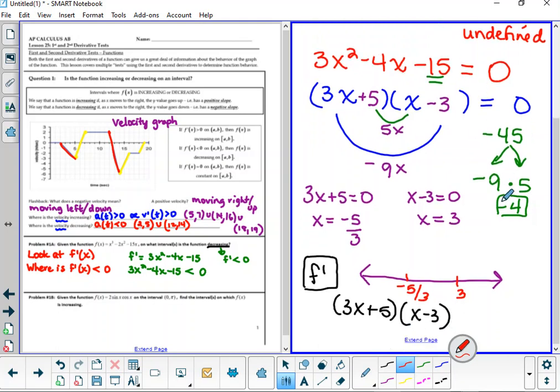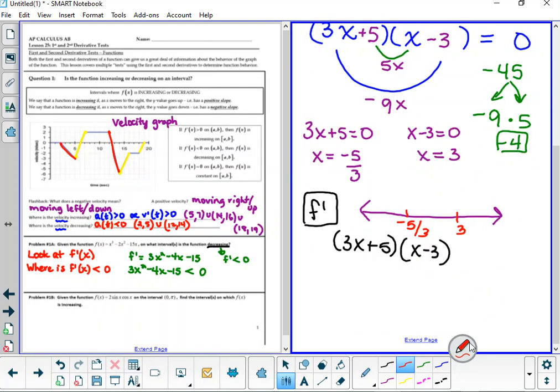So I know my parabola is something like that.